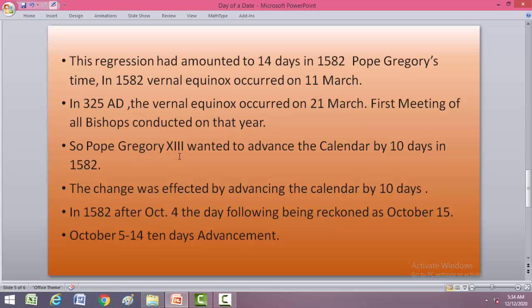So Pope Gregory XIII wanted to advance the calendar by 10 days in 1582. The change was effected by advancing the calendar by 10 days: in 1582, after October 4, the following day was reckoned as October 15. That is, October 5 to 14, 10 days advancement was done.